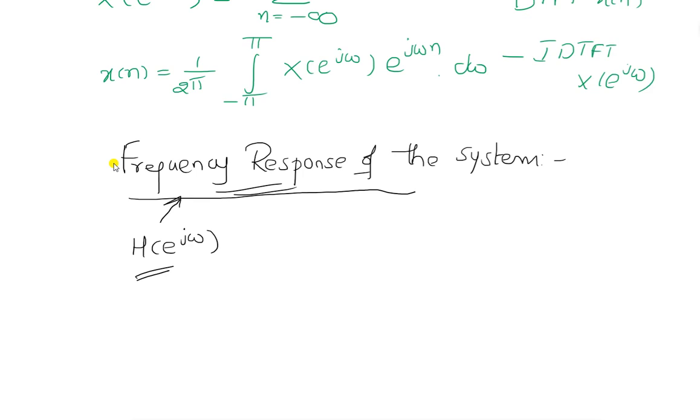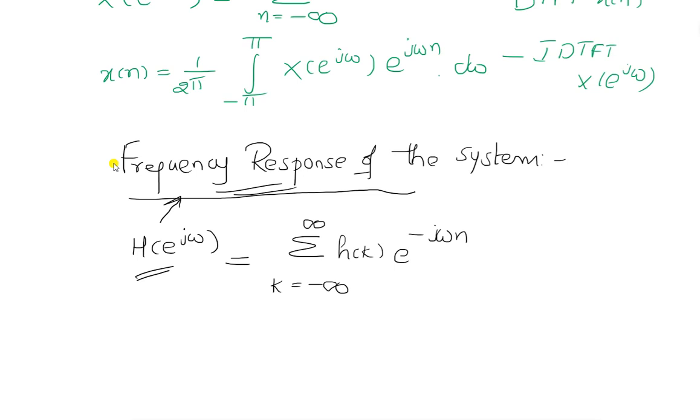Here H of e to the power of j omega can be expressed as sigma k equals minus infinity to infinity h of k into e to the power of minus j omega k. This is the discrete time Fourier transform of h of n, the impulse response. So the frequency response of the system is the discrete time Fourier transform of the impulse response h of n of the system.